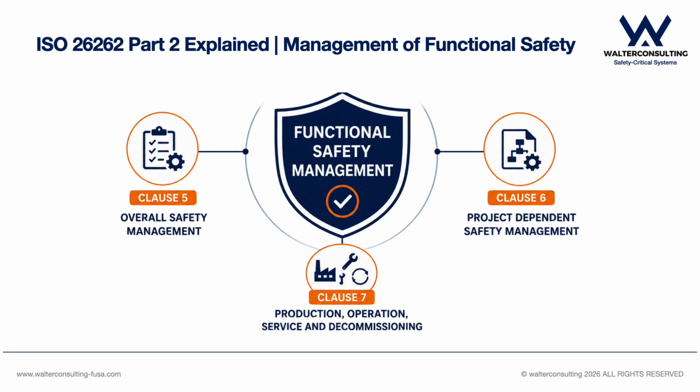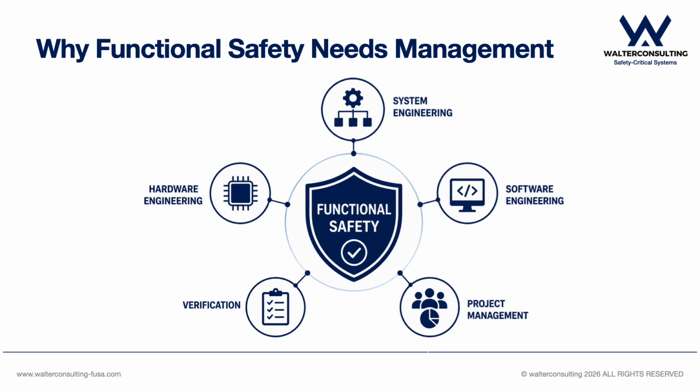Management of Functional Safety. In this video, we will explore the structure of Part 2 and understand how it supports functional safety throughout the entire product lifecycle. Developing a modern automotive system involves many different disciplines: system engineers, hardware engineers, software engineers, test teams, project managers, and many others.